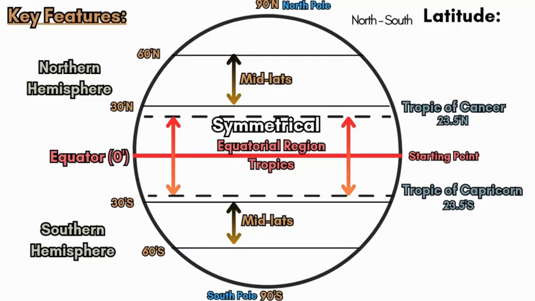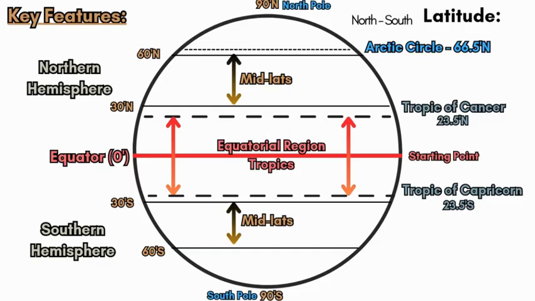Then we have the next lines we're going to add in, which is the Arctic Circle and the Antarctic Circle. The Arctic Circle in the northern hemisphere is 66.5 degrees north, and the Antarctic Circle in the southern hemisphere is 66.5 degrees south.